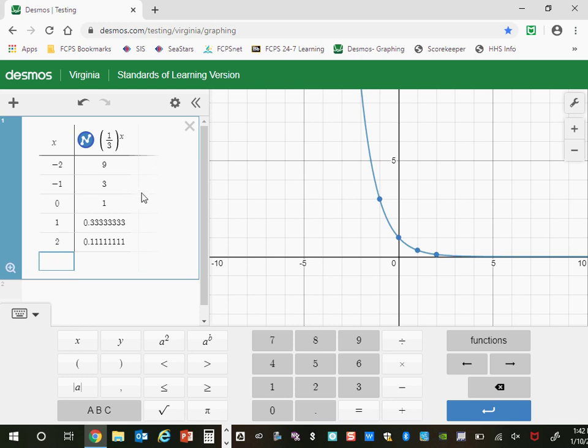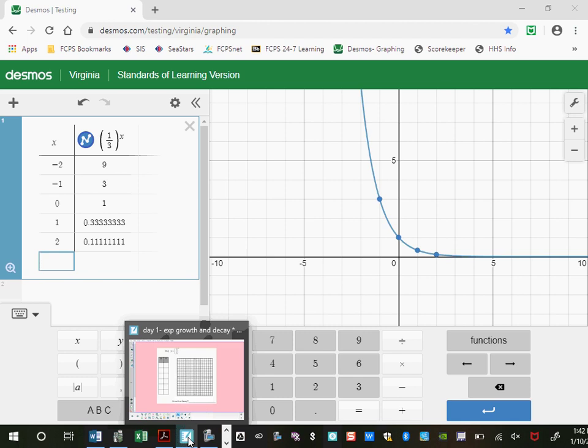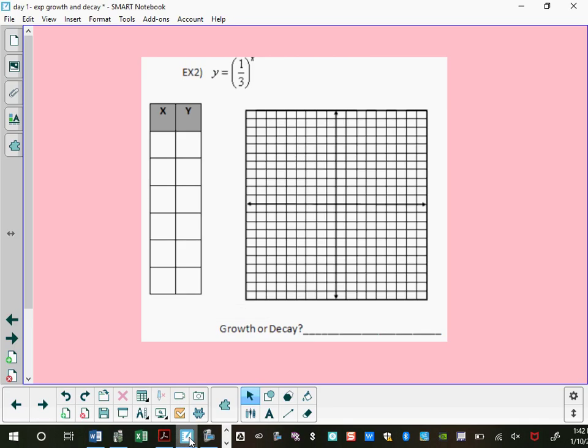Once you have those points, write them into your table.